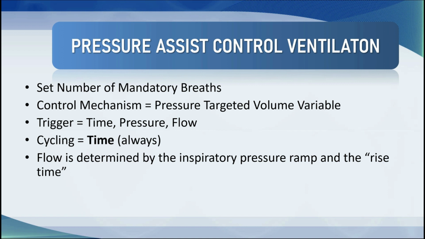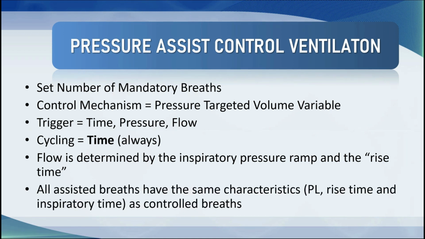The flow is determined by the inspiratory pressure ramp and the rise time. All assisted breaths have the same characteristics as control breaths. That's the pressure limit, the rise time, and the inspiratory time. However, because there is a difference in the driving pressure, the tidal volume always varies.